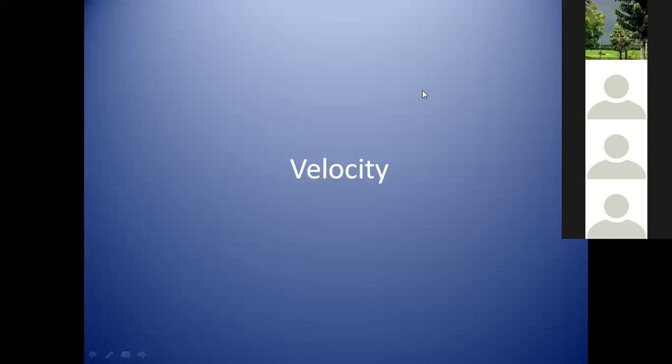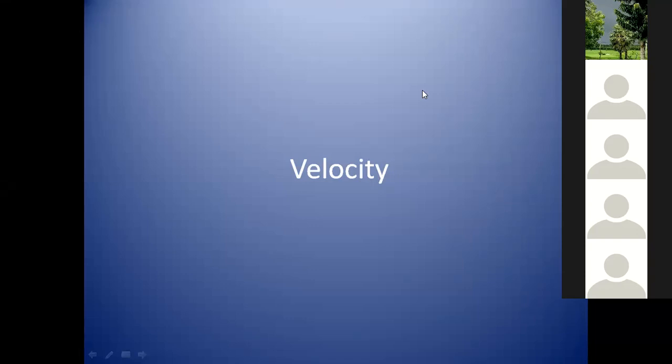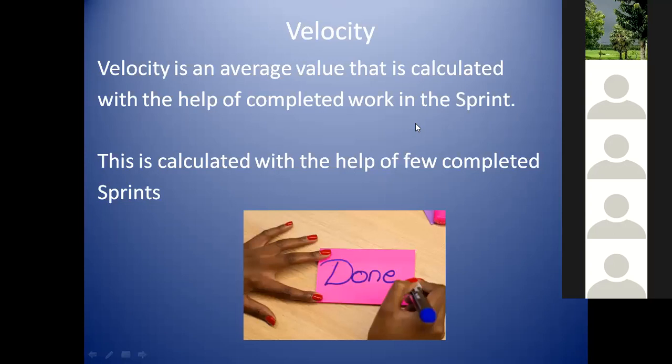When I say different other places, we have already seen one place where it is being used. We'll slightly touch upon that and then continue with our session for the day. Coming to velocity, we all know it's an average value that is calculated with the help of the completed work from the previous sprint or sprints. So it cannot be taken from one sprint because it is always an average value.